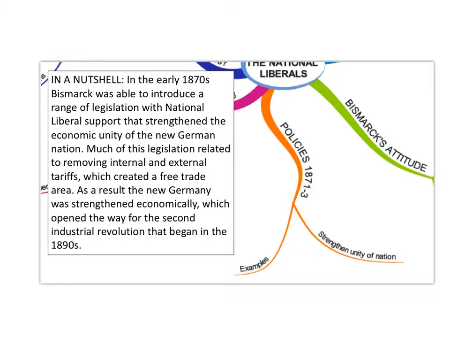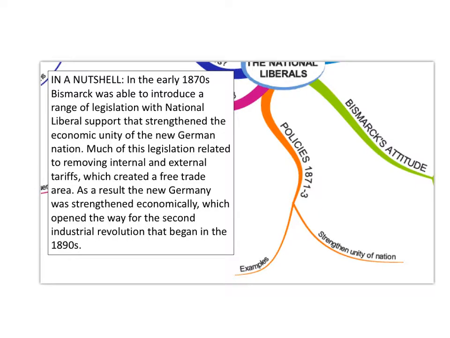So, as I said, you've got to visualise that any national policy, if Bismarck wants to pass a law that applies over the whole of Germany, he's got to basically walk into the Reichstag, the elected parliament, okay, that consists of deputies, as we call them. In England we call them MPs, members of parliament. In Germany they were called deputies. And these deputies have been elected by all men over the age of 25, and they all belong to different political parties. And the largest group is the National Liberals.